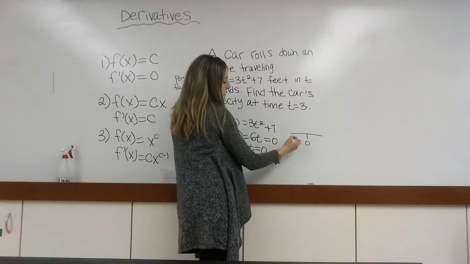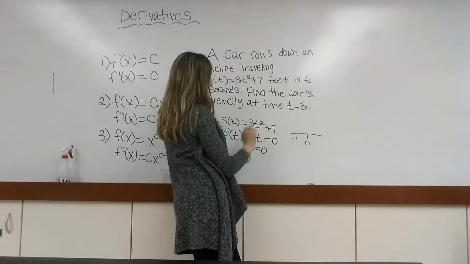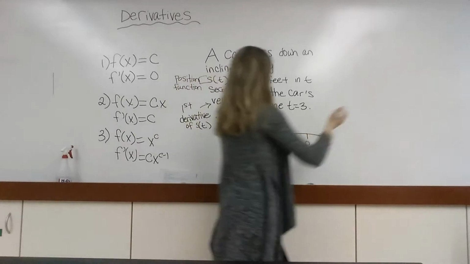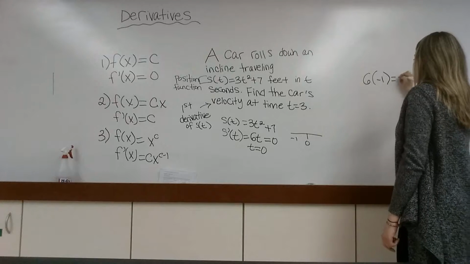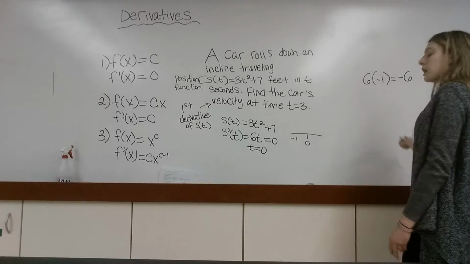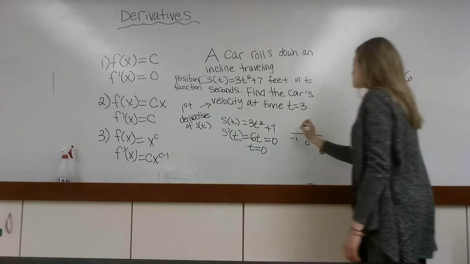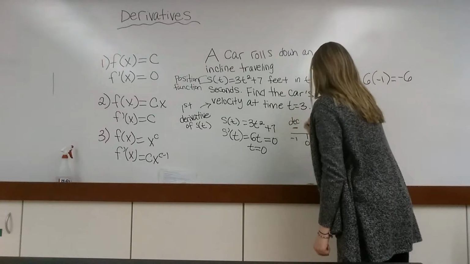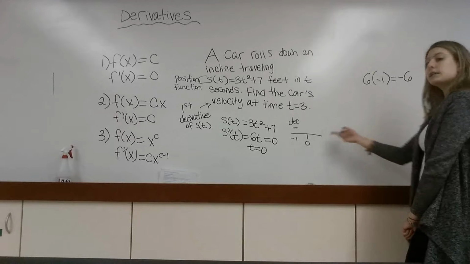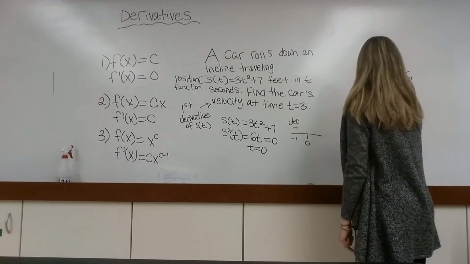So if I plug in -1, because that's in this section, we have 6 times -1, which equals -6. That's a negative number, so I'm going to put a little minus sign to show that it is decreasing. Now let's plug in 1.